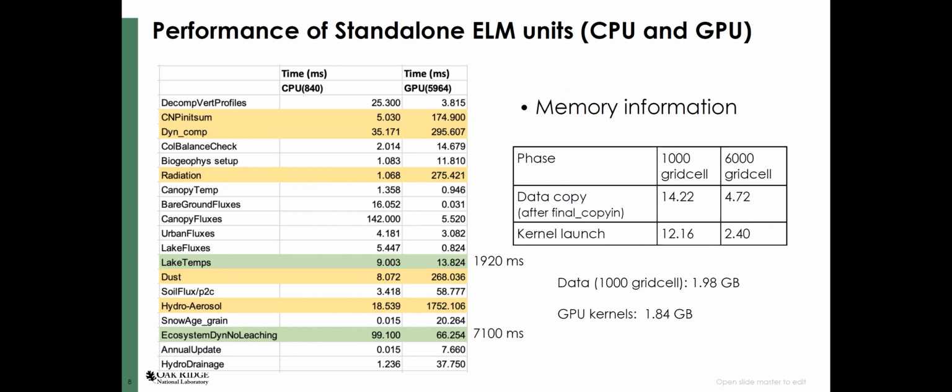The good thing is when we look here, probably even half of them are kind of automatic. We say, okay, they meet our target, so we can move on. There are some things that start out very bad, for example, ecosystem dynamic non-leaching.